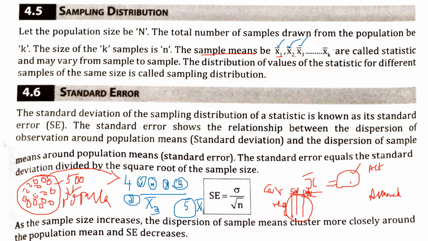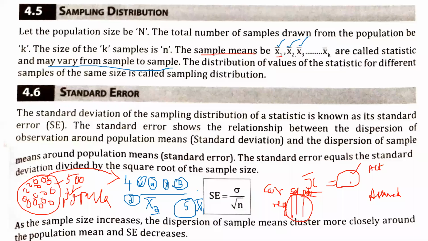They will not be the same because we are randomly selecting. Clear? So this sample mean will vary from one sample to another sample.